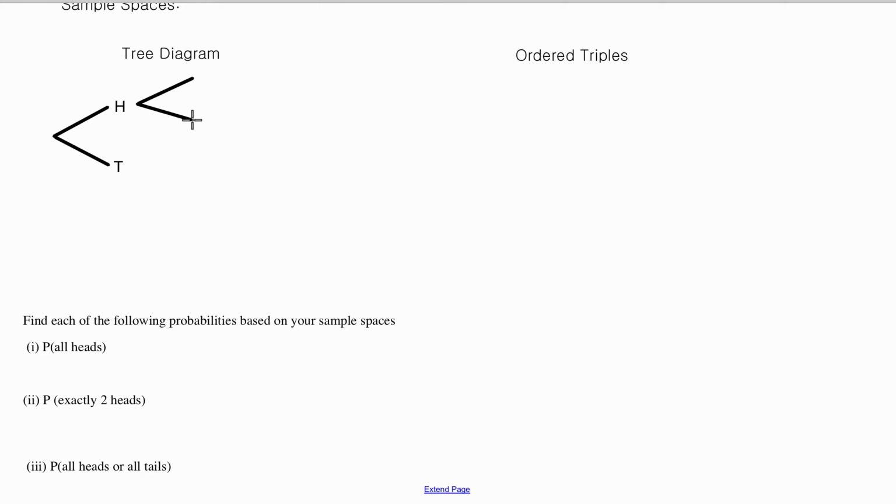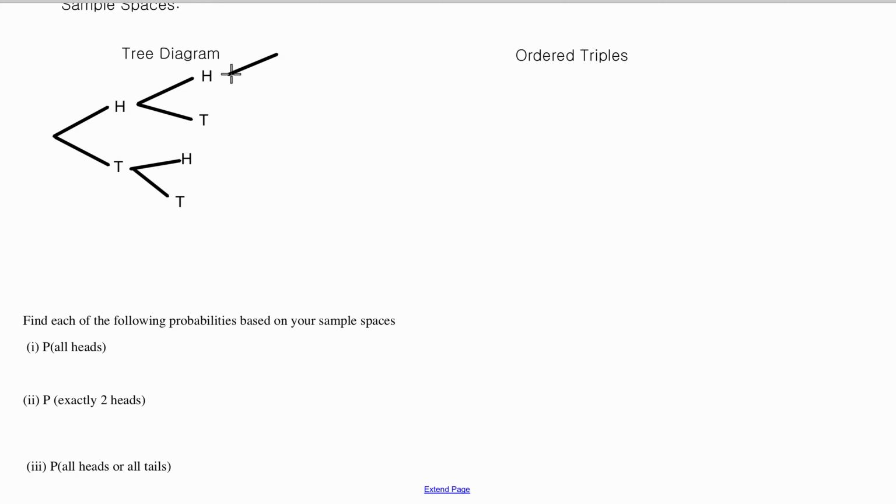So, branching off, you would have this. Given the fact that your first time was a head, your second flip could be a head. Or, given the first time you flipped it was a head, it could land as a tail. And likewise, that can happen down below. Now, you still have one more time to flip.